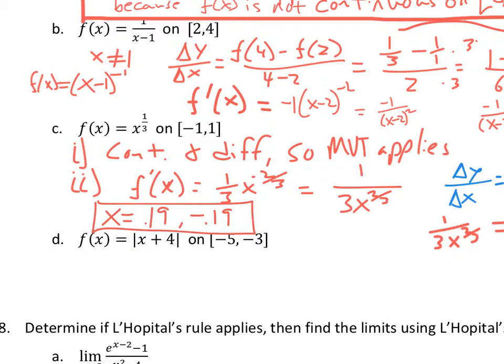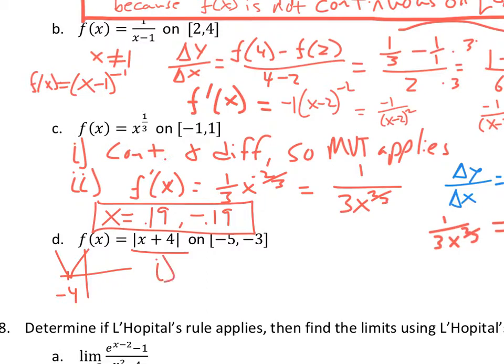And one more here of this type. This is an absolute value function, and it helps to know that the graph of this looks like a V. It's going to touch the axis right here at -4, and at that point, it's not differentiable.